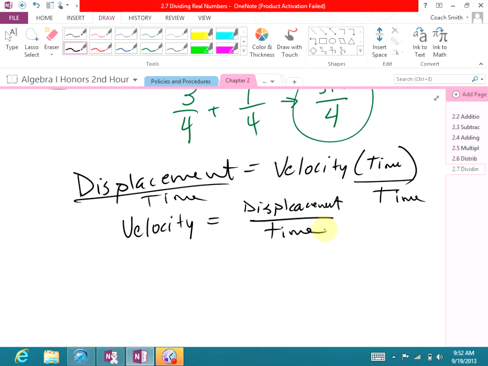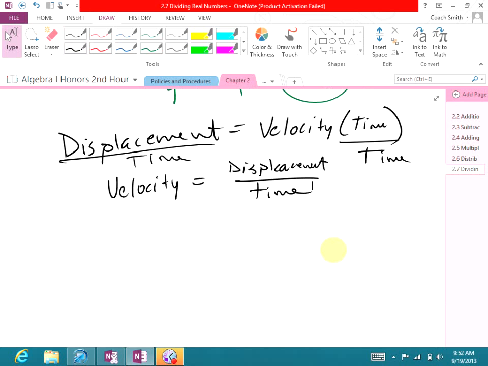Now, here's your homework. Glad everybody's pumped up about that. I don't think I have it printed out, but there it is right there.